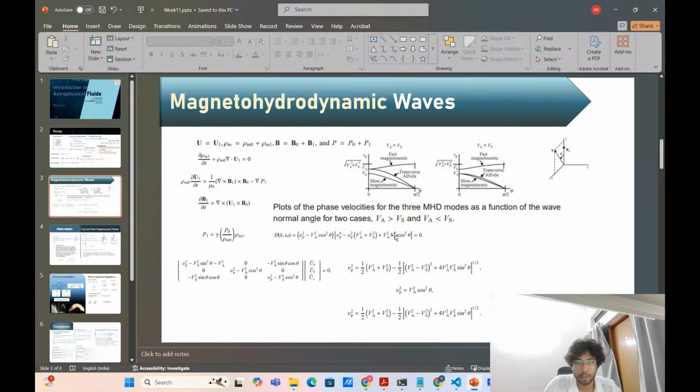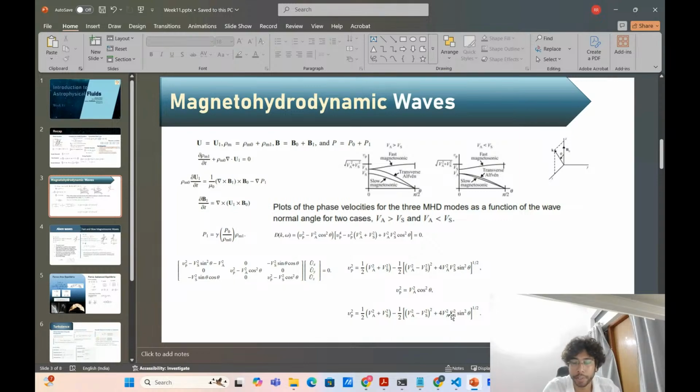And the other two roots come from this term, which is this one and this one. So if you see, this is Vp, as I said, the phase velocity omega by k, and this one is called the Alfvén wave, and these are called the fast and slow magnetosonic waves, depending on whose magnitude is greater.